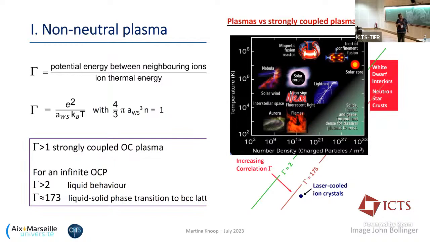And the laser cooled ion crystals are very low down here, below this graph, because the temperature is of the order of milli-K, and the number density is around here. So compared to this very well-known graph about strongly coupled plasma, the laser cooled ion crystals are below this graph.